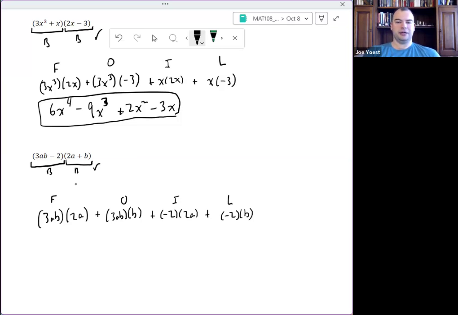Okay, so I've got my FOIL done. I've got my individual terms all figured out here. I just need to simplify each term and then look to see if I can combine anything. 3ab times 2a, well, I can multiply the numbers together. 3 times 2 is 6. A times a is a squared, times b. Right, this commutative property of multiplication, I can reorder multiplication. That's really coming in handy here. That's why I'm able to push that 2 out front, move those a's together, and so on.